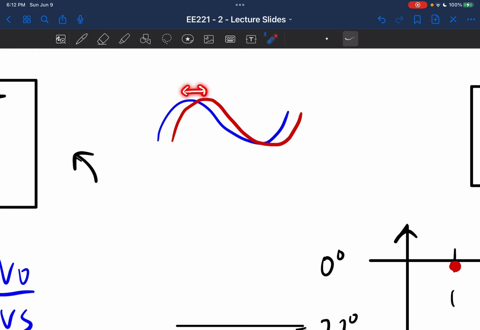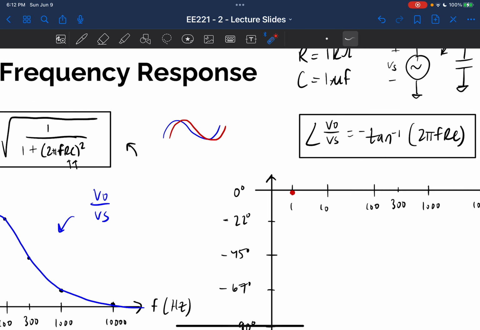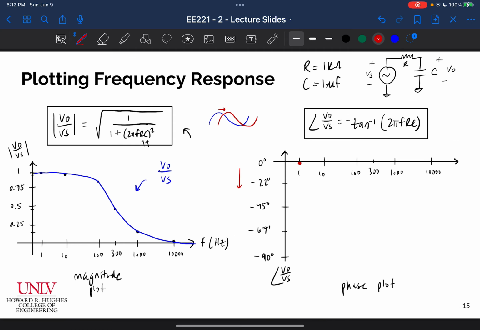So as I increase or decrease the value of this phase, that is equivalent to me moving this signal out of phase with this blue signal, right? The larger this value goes in the negative direction, the further I'm pushing that phase shift, okay? So I just wanted to show what we're representing here on this plot.